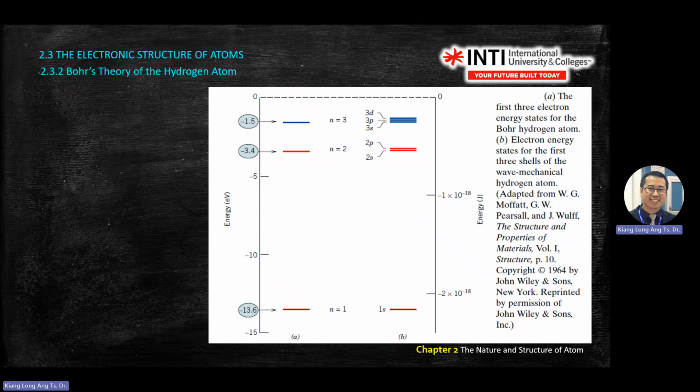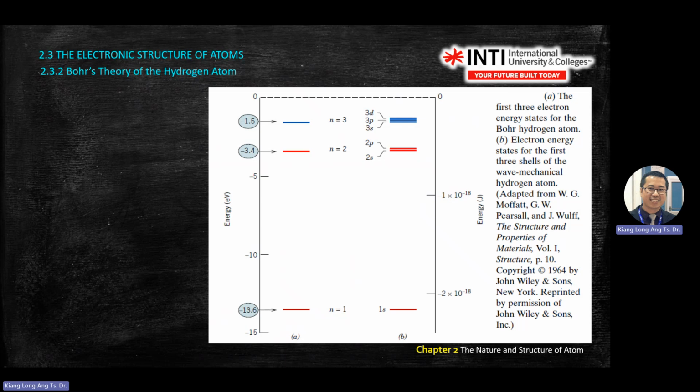Negative 1.5 eV. n equal 2 is minus 3.4. The electron dropped from 3 to 2. What is the n location? n equal 2. Early position.